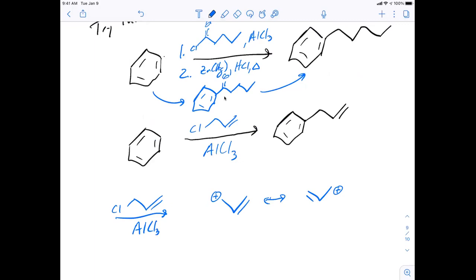It's an easy to form carbocation, which is useful for Friedel-Crafts alkylation, right? And because it's symmetric, I don't have to worry about getting 2 different products. So this allylic chloride with AlCl3 would give me this product in high yield.